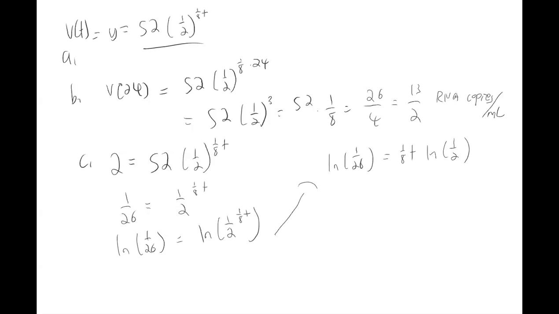Do not just combine this. This is not ln of 1/26 minus ln of 1/2 equals 1/8 t. So t is whatever this number is. You would need a calculator for this.